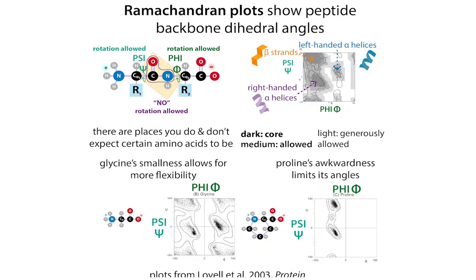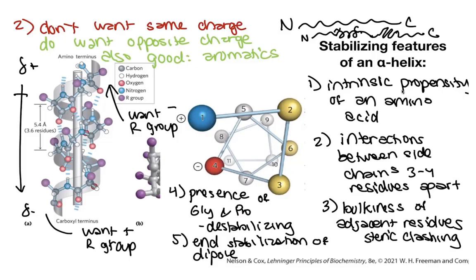And you're going to be further restricted based on what the properties of the side chain are. So what amino acids are we looking at? The size of that, and where that size is located, is going to impact the actual angles it can take without clashing with things next to it. And the charge of those amino acids might also influence whether they want to be next to each other, or whether they want to be far apart from one another.